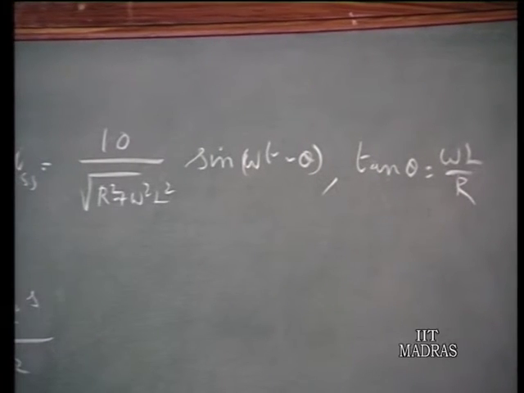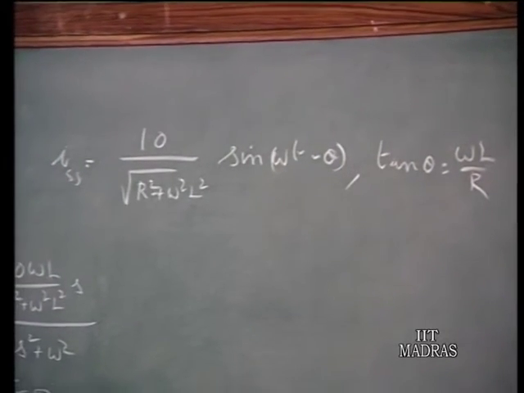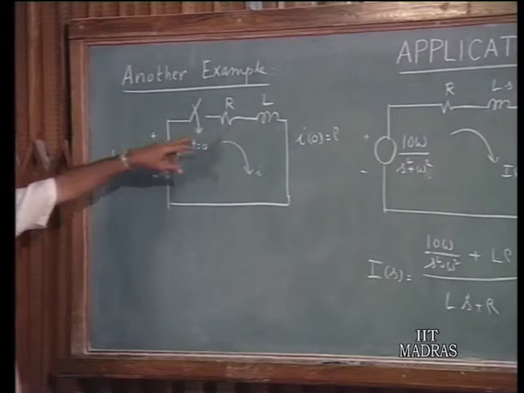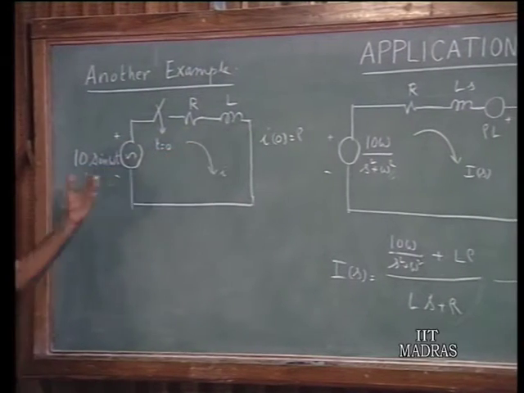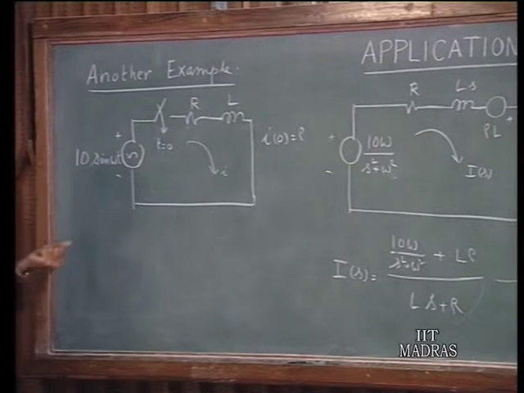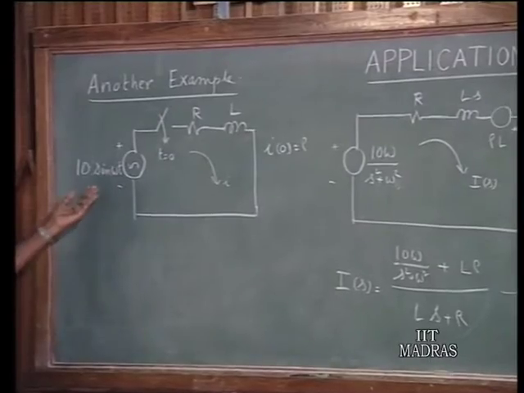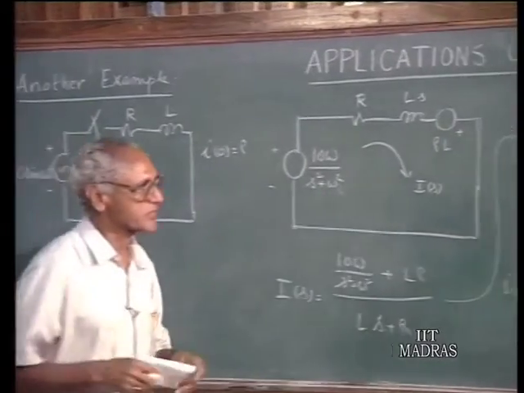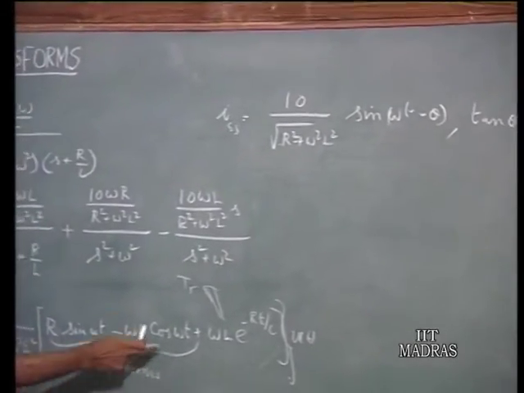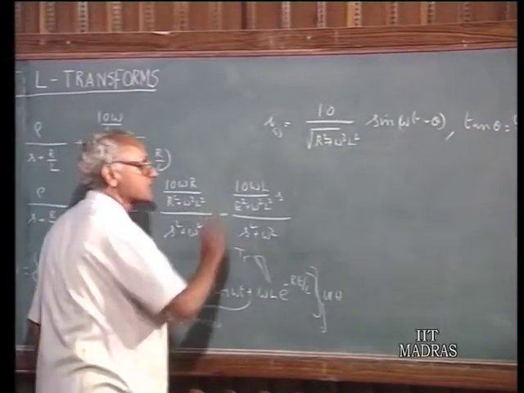So this is the steady state solution. You have here an AC circuit in which you have a driving force 10 sin omega t, and you have R and L in the circuit, therefore the impedance is square root of R squared plus omega squared L squared, and the power factor angle equals tan inverse of omega L over R. So that is the steady state solution. You combine these two and you can show very easily that the sum of these two is indeed this.